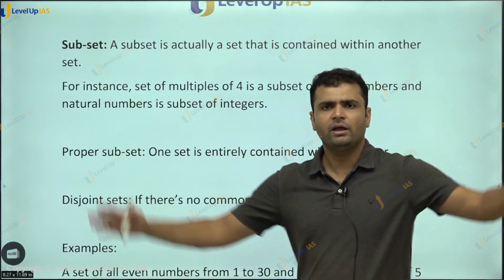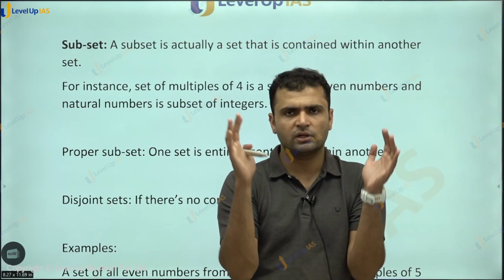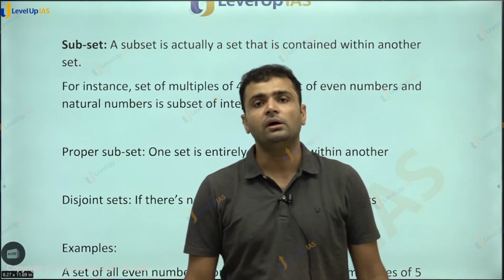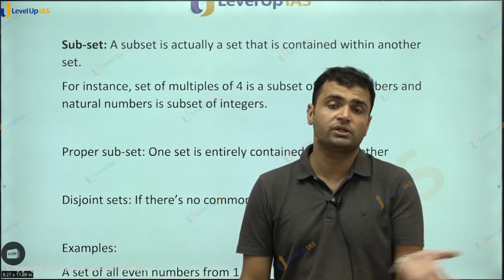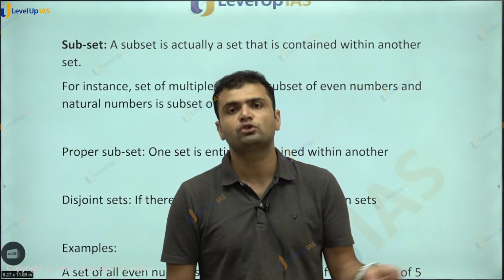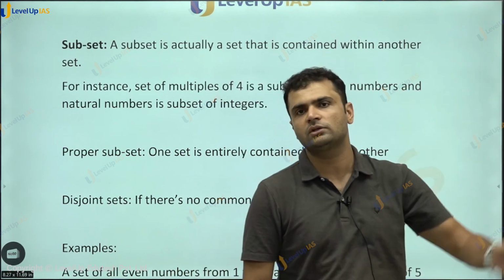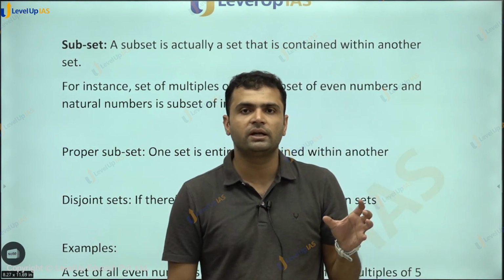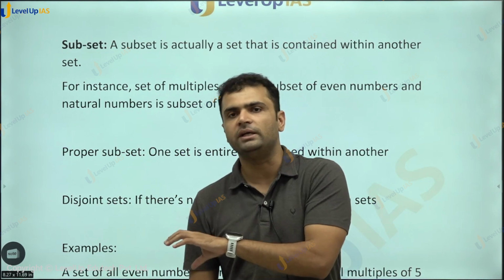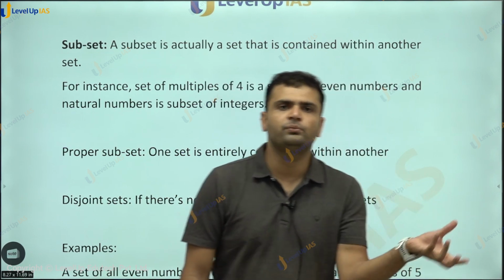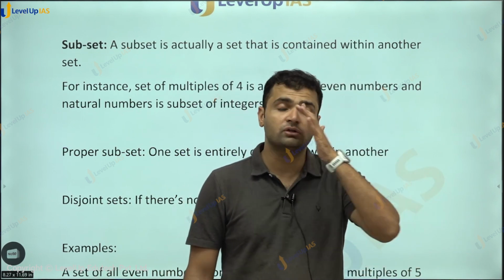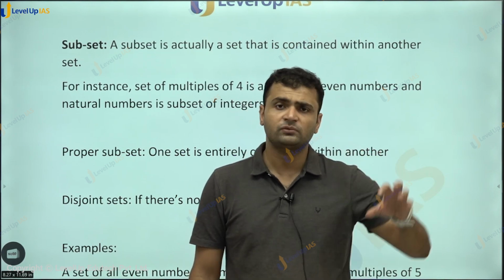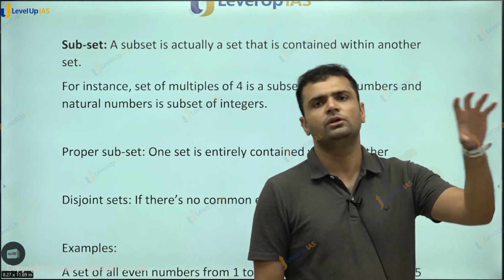A smaller set within a bigger set would be a subset. For example, in the example of school that we were considering, universal set was students of the school. The sets that we were considering were students of division A, B, C, D. And a subset of, let us say, first set of students from division A could be set of all girls from division A. That could be subset of students of A.